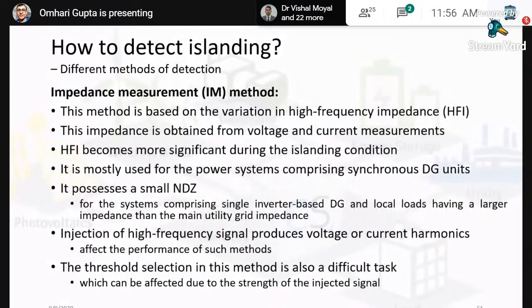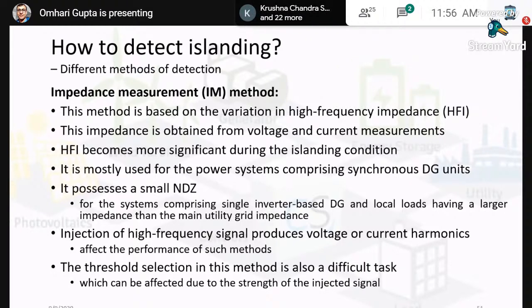Impedance measurement means you will first inject something into the system and you will observe the variations in the high frequency impedance. This impedance is obtained from the voltage and current measurements. It becomes more significant during the islanding condition.